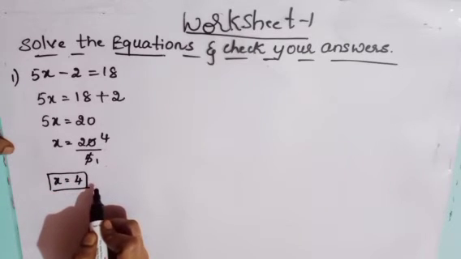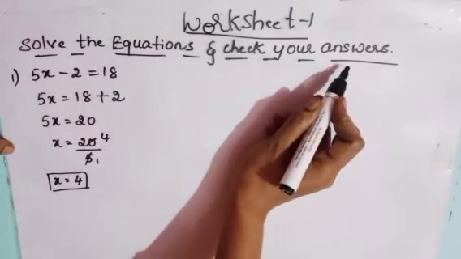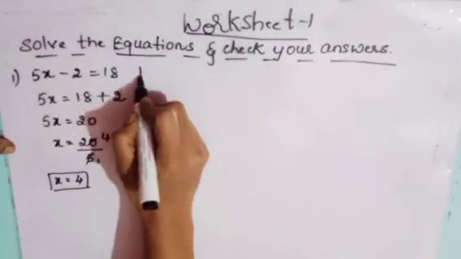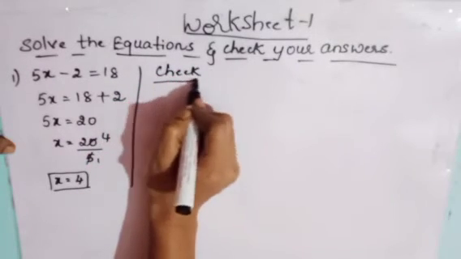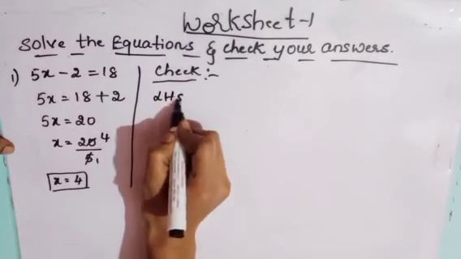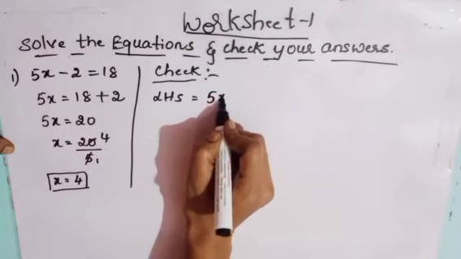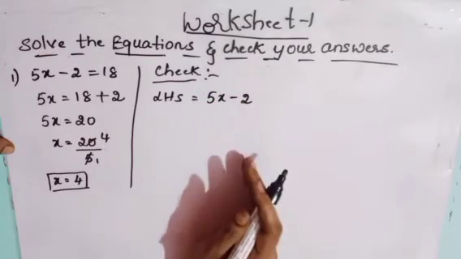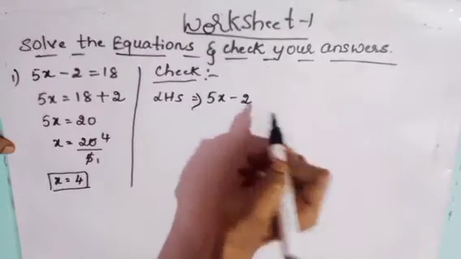Now we have solved the equation. In the question they ask us to check the answer. How to check the answer? Let us verify whether what we found is correct or not. Let us take the LHS. This side is called the LHS, that is 5x minus 2, which is on the left side. So LHS equals 5x minus 2.